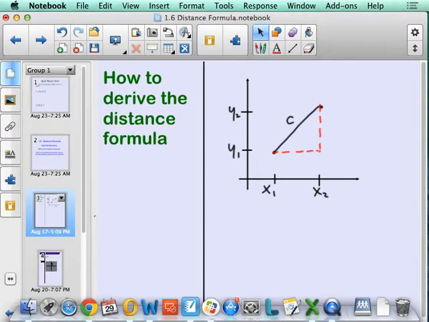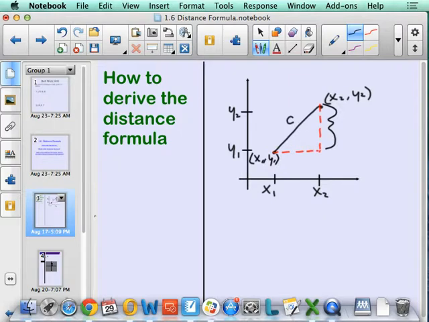So again, let's go ahead and label this point x1, y1, and this point x2, y2. If we wanted to find the distance, see how long this red dash line would be, we would subtract the y1 from the y2.